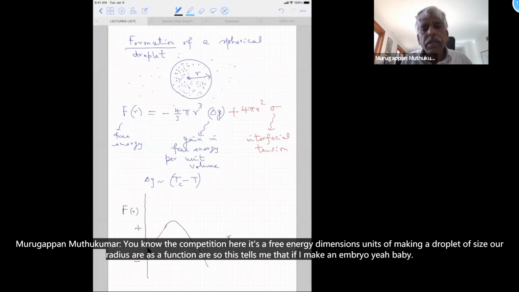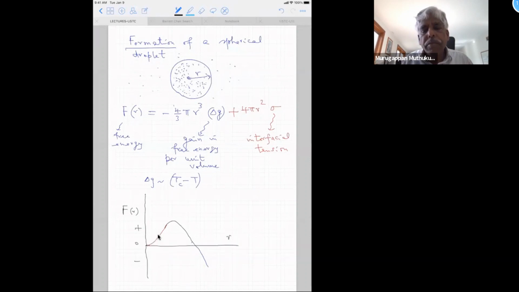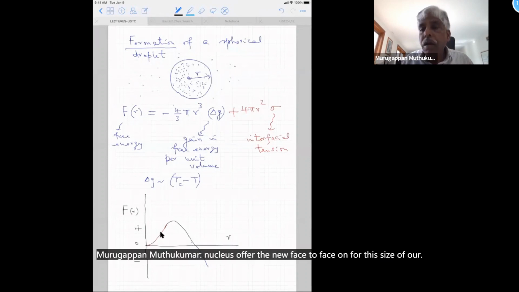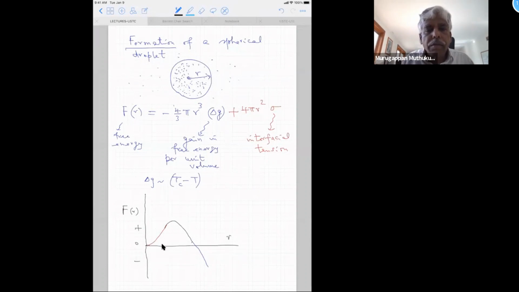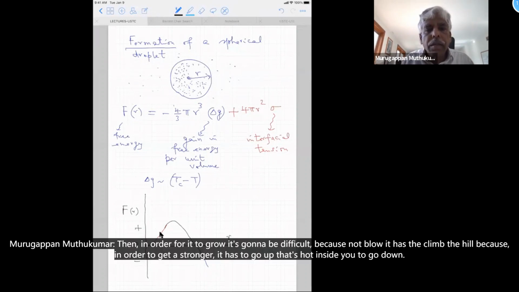So this tells me that if I make an embryo, a baby nucleus of the new phase, the daughter phase, of this size r, then for it to grow it's going to be difficult, because to grow it has to climb the hill. That's hard. Instead, it will go down.